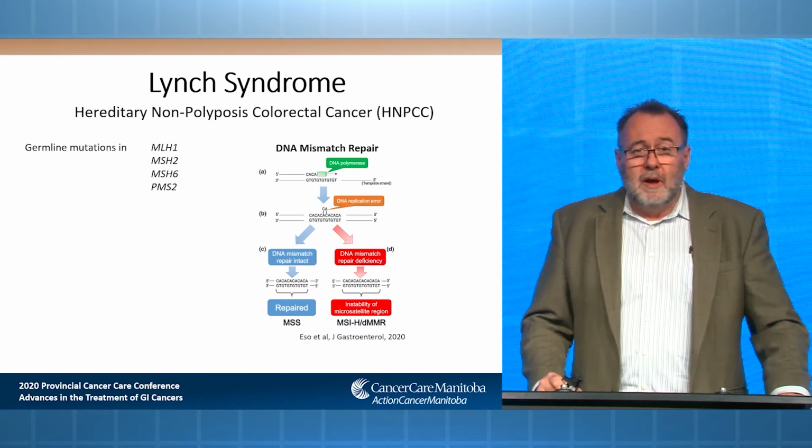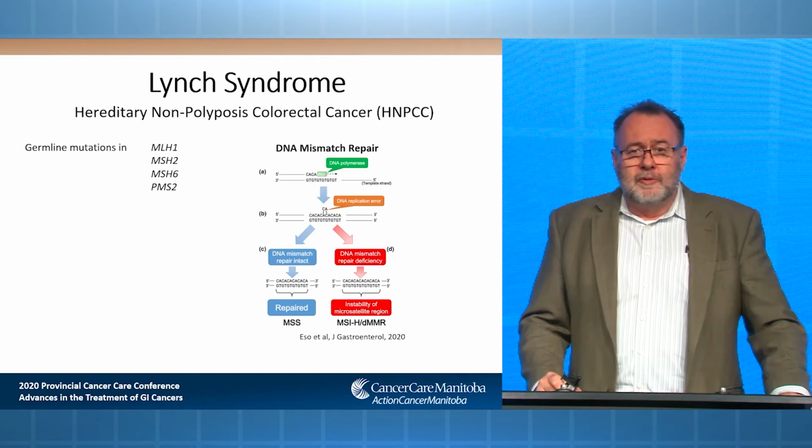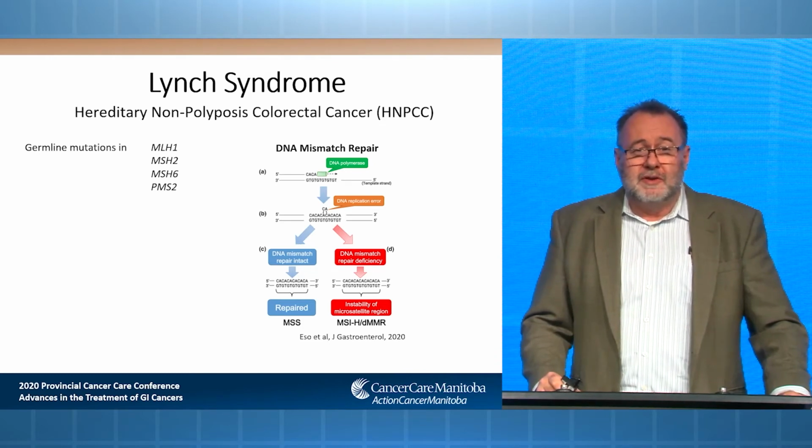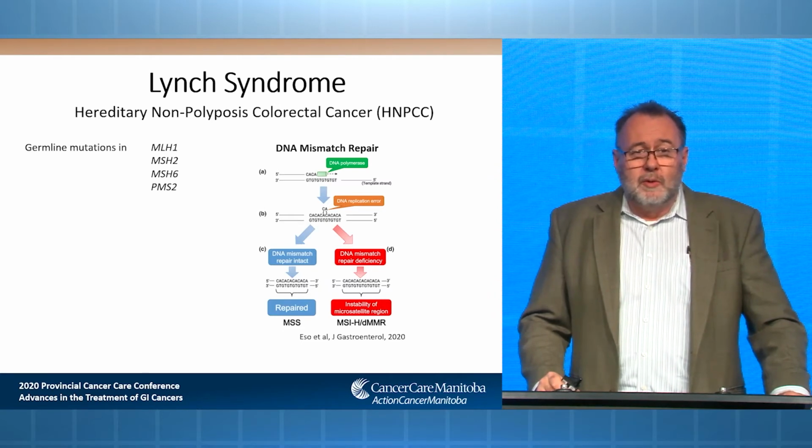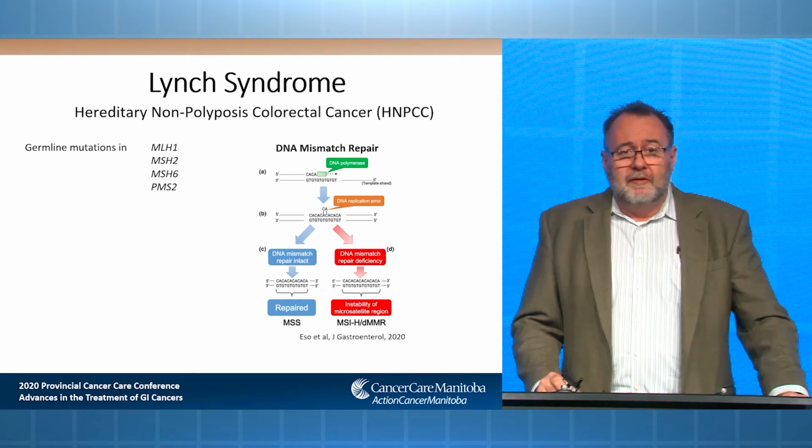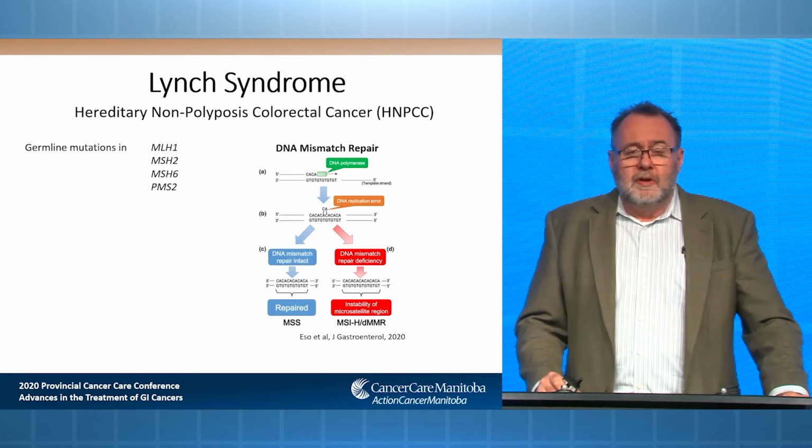The other syndrome that is very informative with respect to tumor suppressors in colorectal cancer is the Lynch syndrome, or hereditary non-polyposis colorectal cancer, or HNPCC. This disorder is caused by germline mutations in 4 different DNA mismatch repair genes: MLH1, MSH2, MSH6, and PMS2.